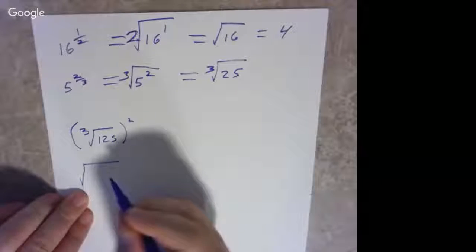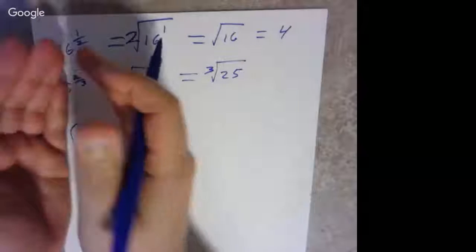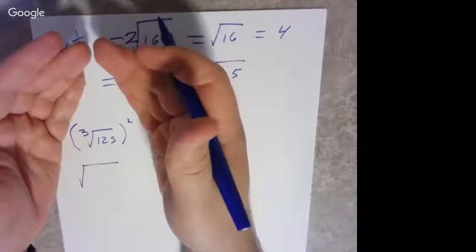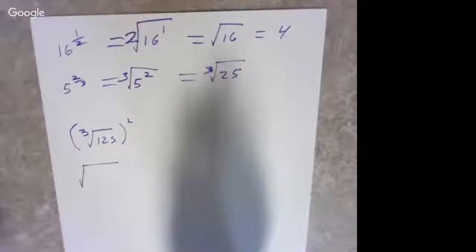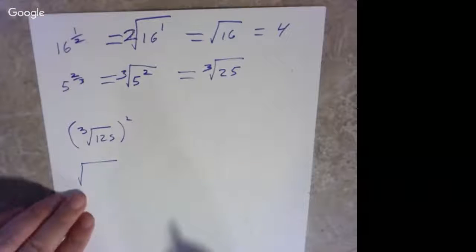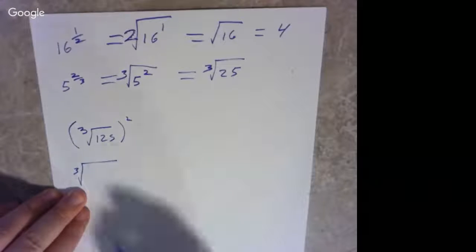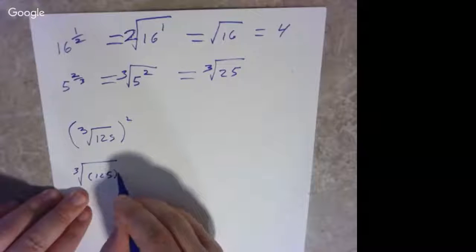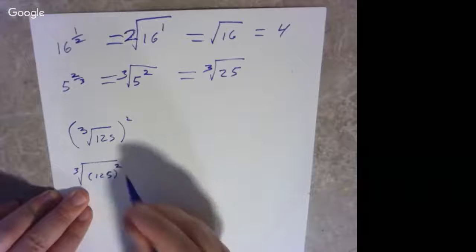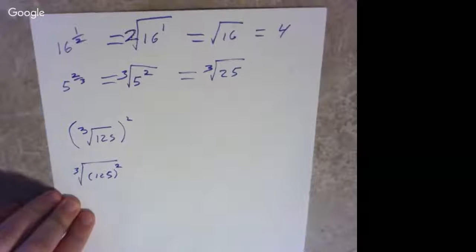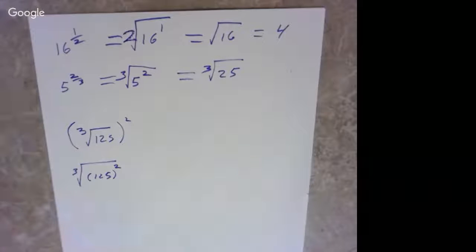We can put the parentheses and apply the power after the root like this, or we could put the parentheses with the power inside the root, and it's the exact same result. So here's what I'm talking about. Okay. Now logically, which one would make sense? These are both mathematically correct.